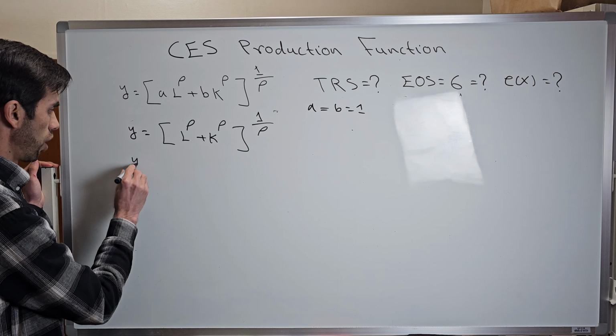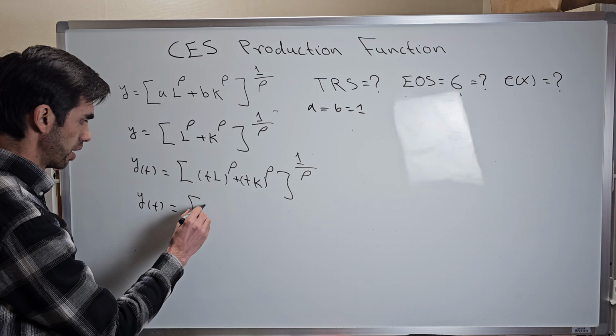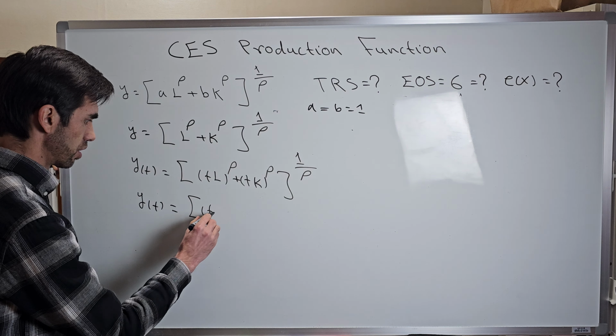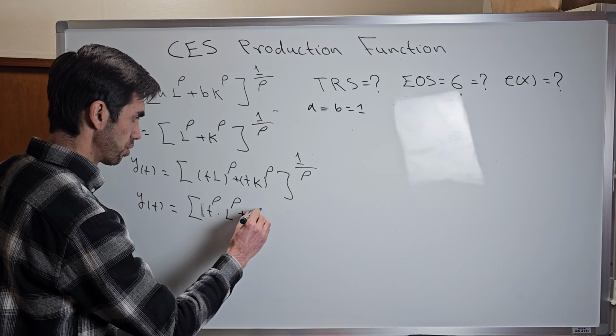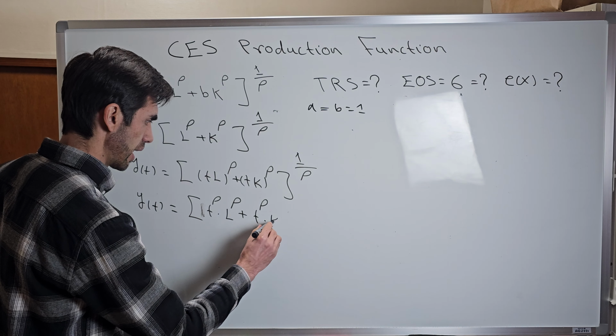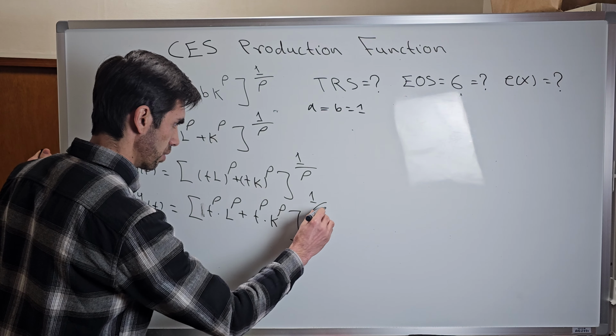Then we will have Y(t) is equal to T to the power of rho L to the power of rho plus T to the power of rho K to the power of rho all to the power of 1 over rho.